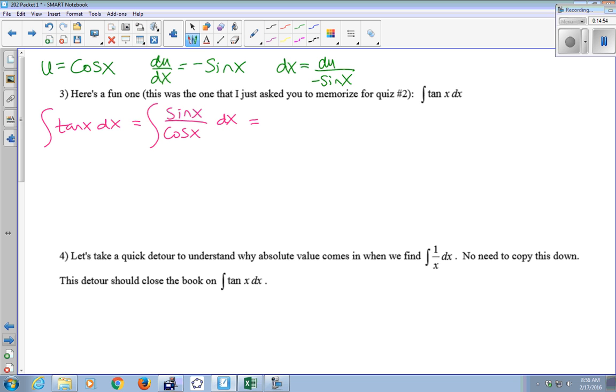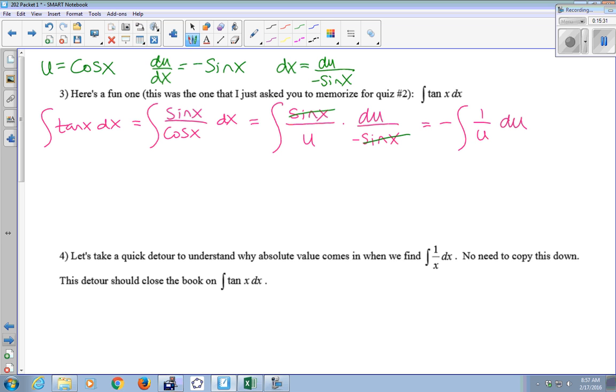So this becomes the integral. Sine x doesn't have a direct substitution up here, but cosine x becomes a u, and dx becomes du over negative sine x. And my sine x's cancel. So I have a negative sign now that got introduced into my integral. I can pull that negative 1 outside of the integral. And this becomes the integral of 1 over u du.